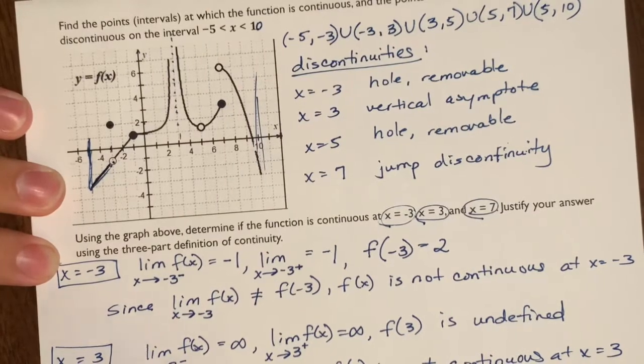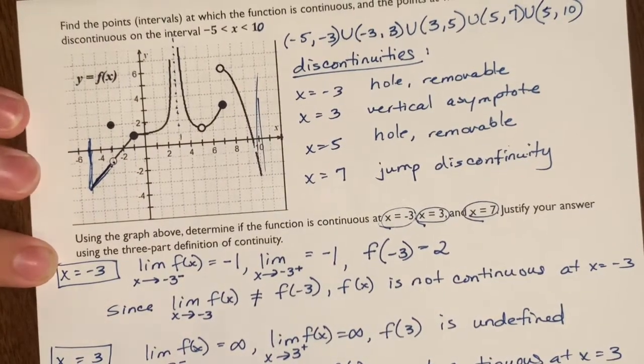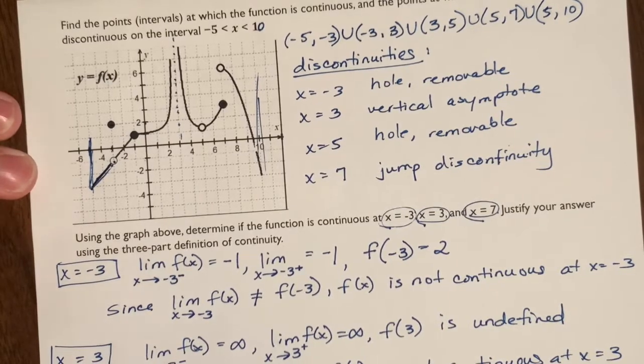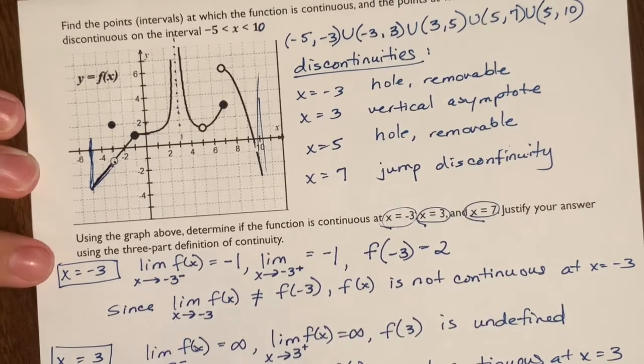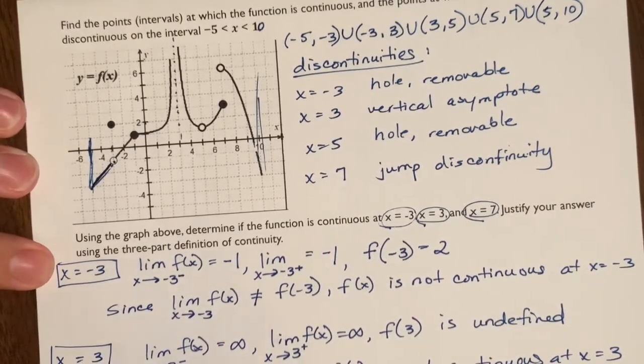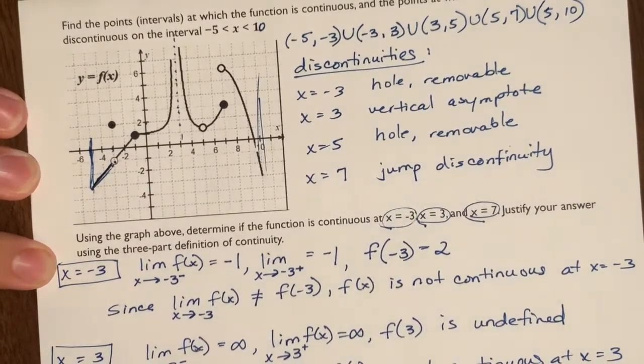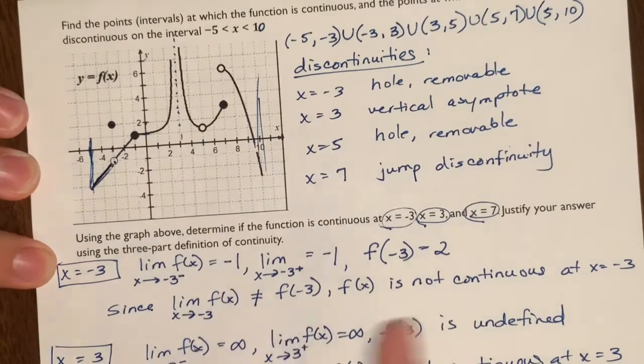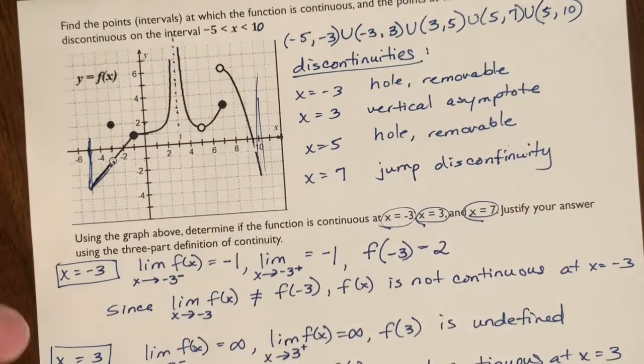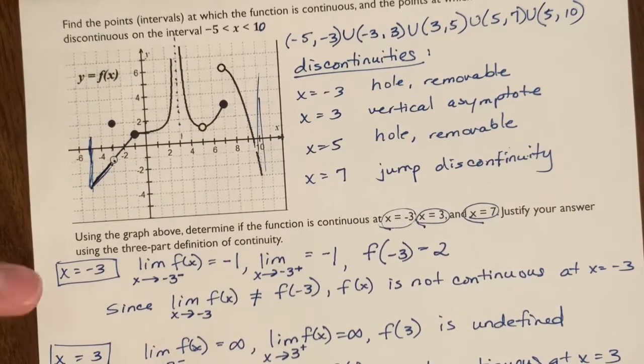For x equals 7, so I don't make this video longer than it has to be, I'm already at 13 minutes now, I'm going to leave it as a try on your own, and you try to do the justification. Again, do these three things, and then at the end justify. You have to follow this format for the AP exam. All right, so I'm going to leave it at that.